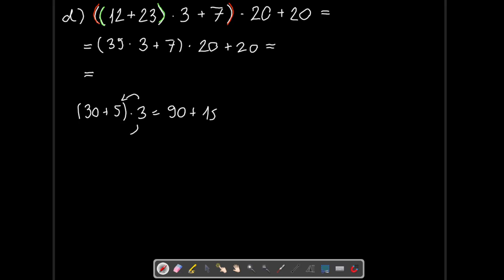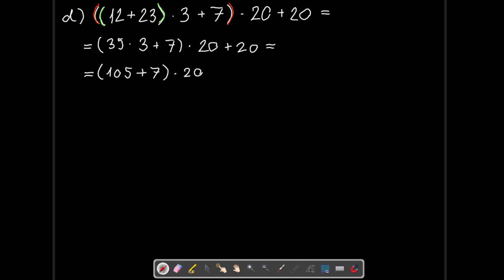Remember, we just multiply each by 3, each term in the addition, and that's 105. Plus 7 here, times 20, plus 20. Okay, we can now add the terms inside the brackets together, which gives us 112.